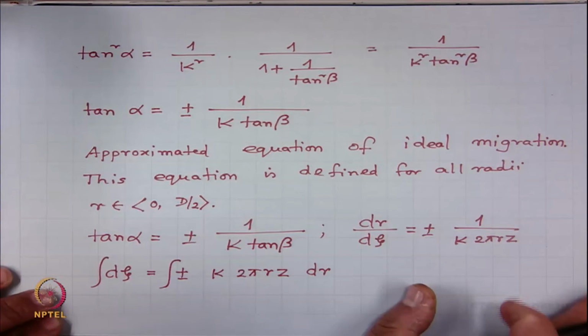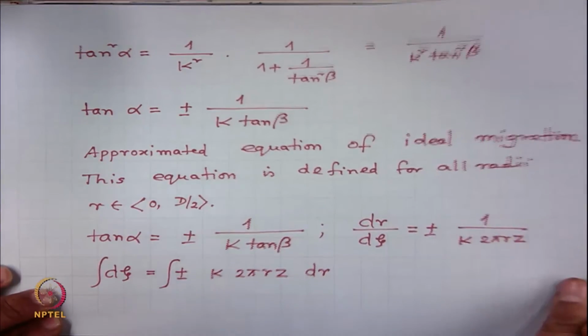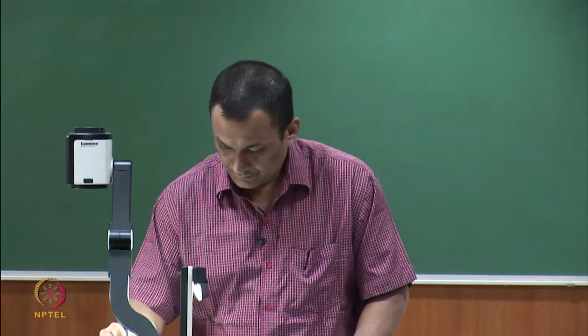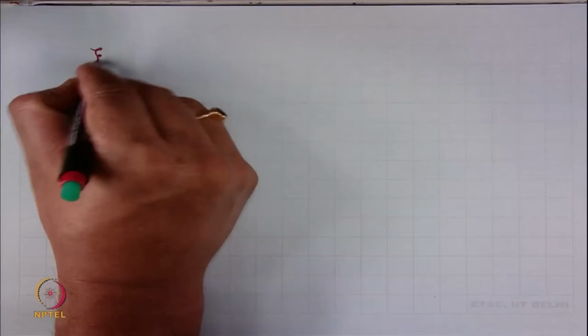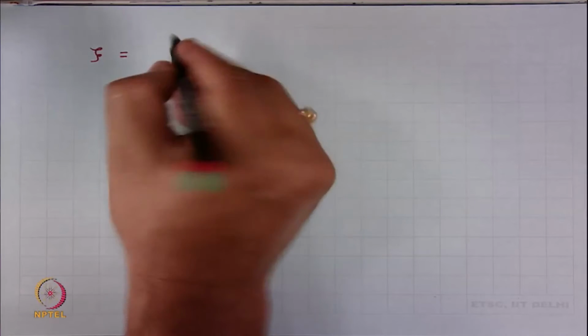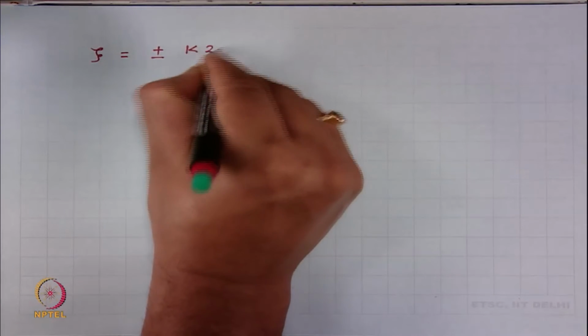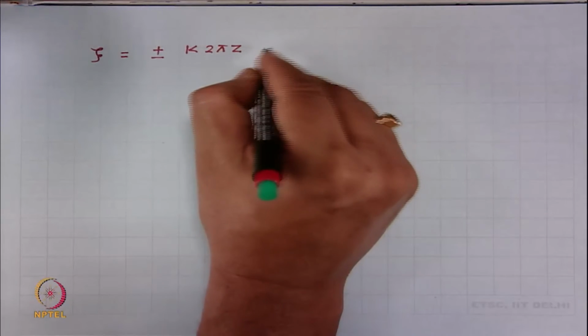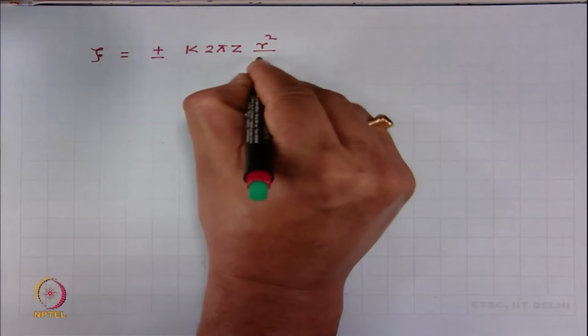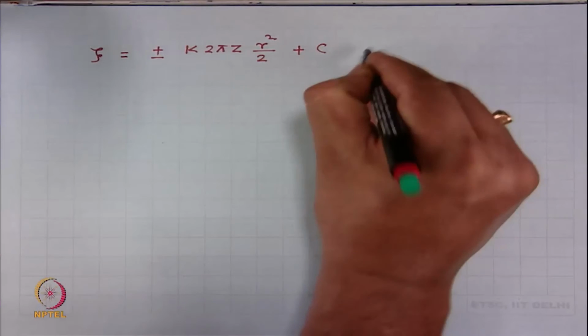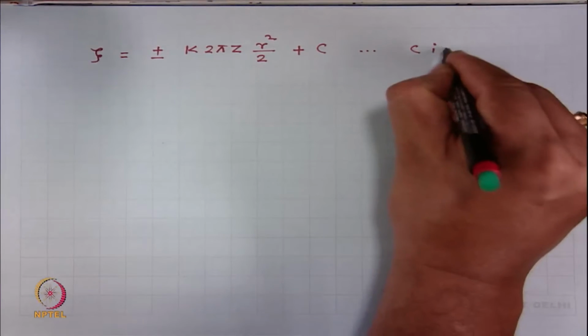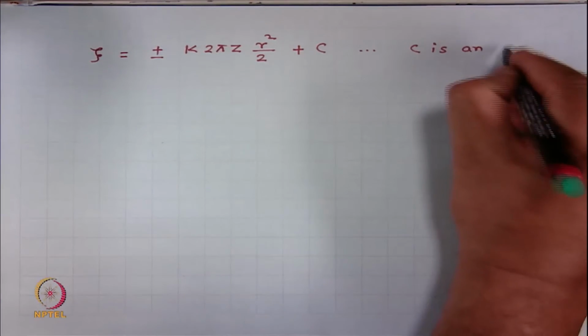We will obtain zeta is equal to plus minus k 2 pi z into r square by 2 plus c, where c is an integral constant.